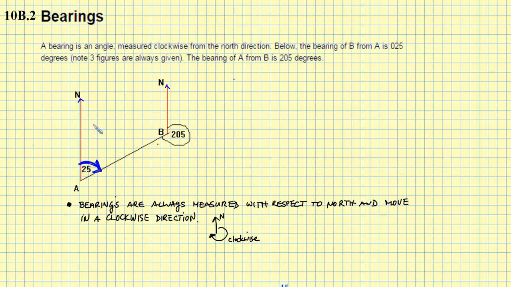If I were doing a bearing of A from B, that means that I am starting at B and I'm going to be moving towards A. So the bearing of A from B is going to be 205 degrees, again with respect to north, moving in a clockwise direction. And I think it goes without saying that if this is north, then this would correspond to 90 degrees.